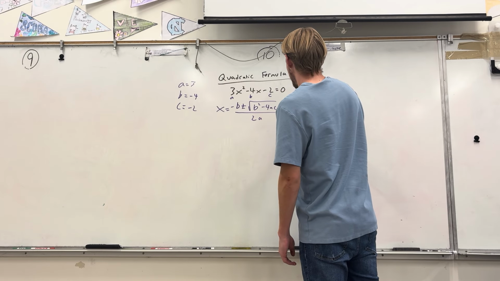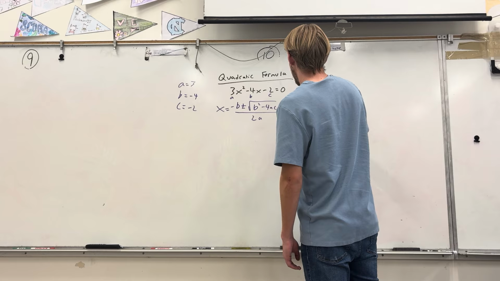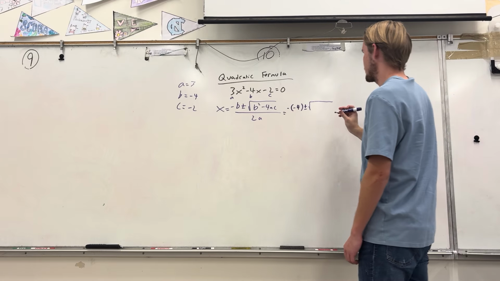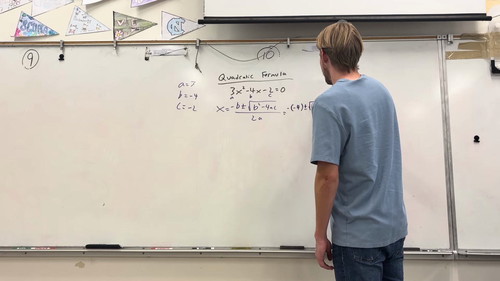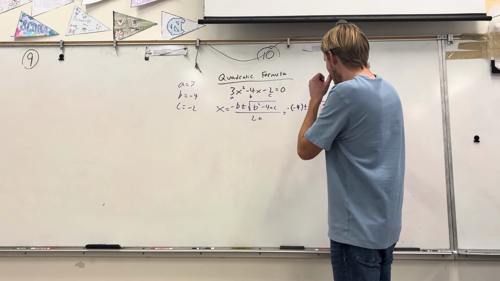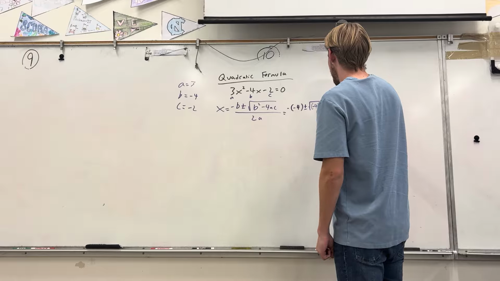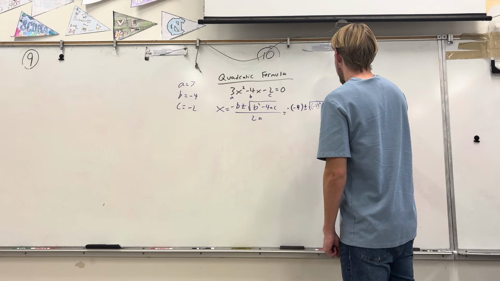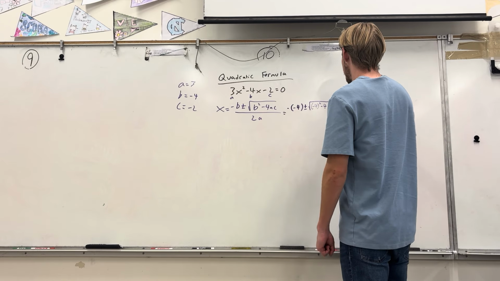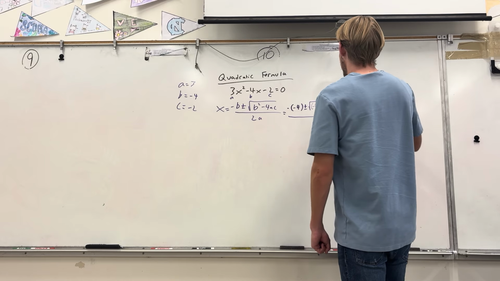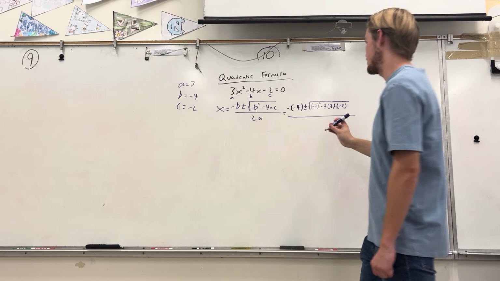So we have negative, and then instead of b, negative 4, plus or minus the square root of b squared, so negative 4 squared, minus 4 times a, which is 3, times c, which is negative 2. And all of this is going to be over 2 times a, so 2 times 3.